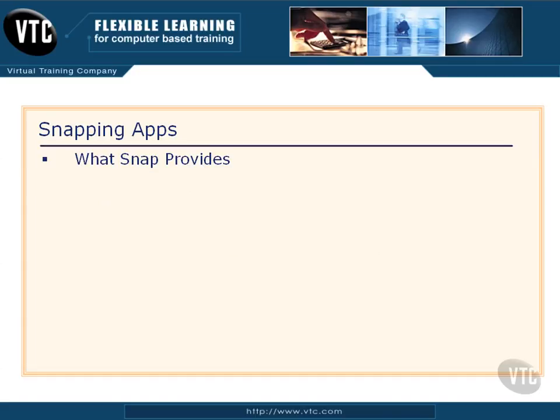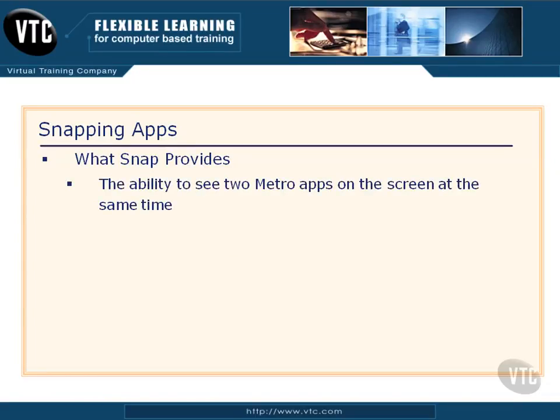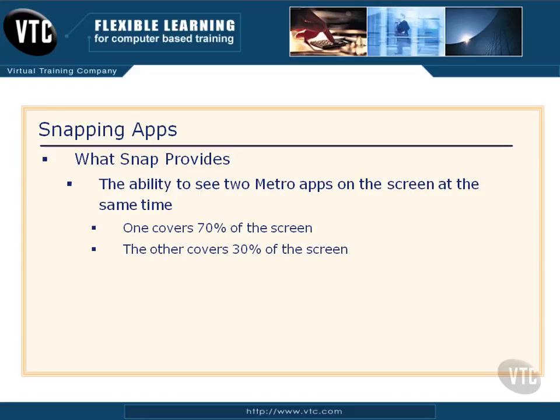First, let's talk about what Snap does. It gives the ability to see two Metro apps on the screen at the same time. One of these can be the desktop, by the way, and here's the rub. One side covers about 70% of the screen, the other covers 30%. So when you want to use them, you'll have to play with the layout a little bit.